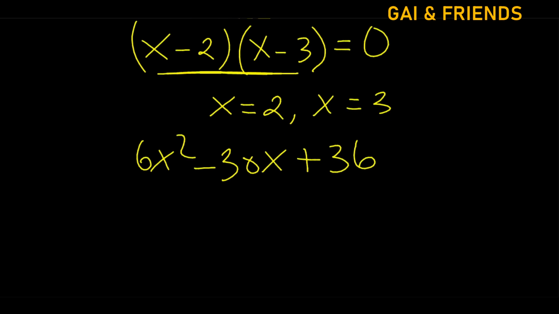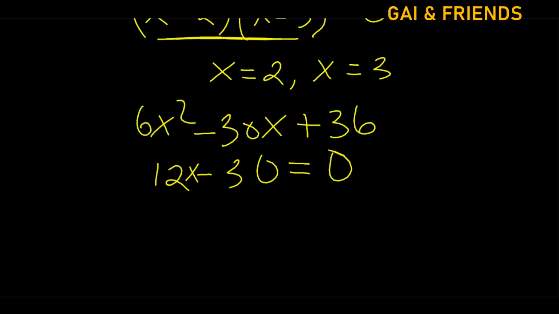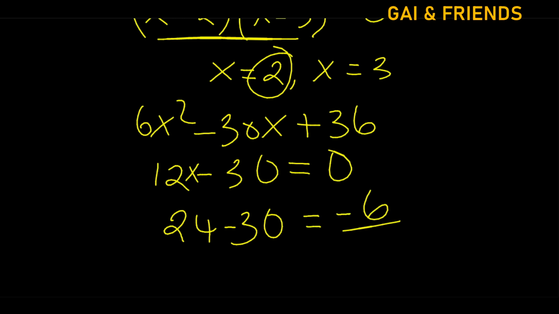Our derivative will be 12x minus 30, and then we equate it to 0. When we plug in the first value of x, 2, we are going to get 24 minus 30, which is negative 6. This is negative, and what did we say about that? Negative 6 is less than 0. That means our function is actually a maximum here.